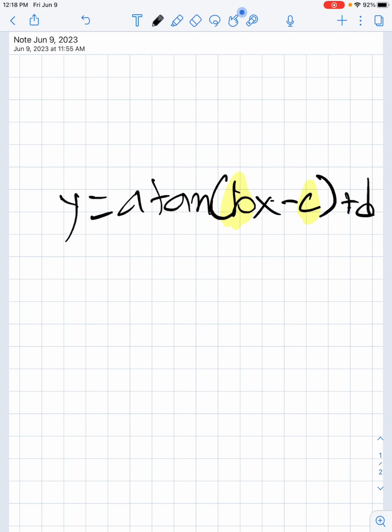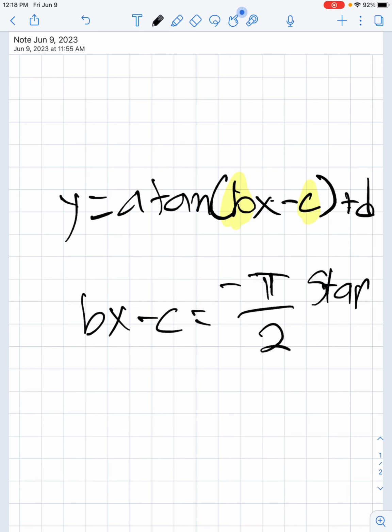With that, you would plug in your variables and solve for bx minus c equals negative pi over 2, and then determine the first asymptote, which would be the start.